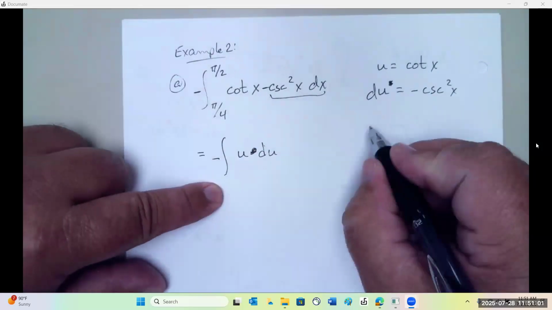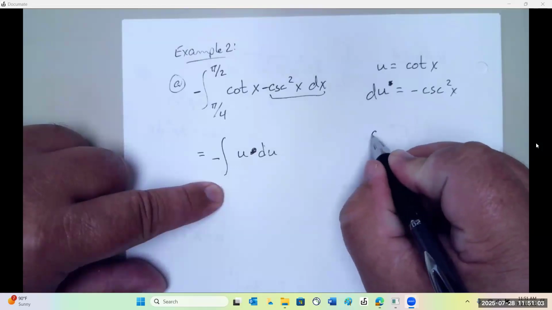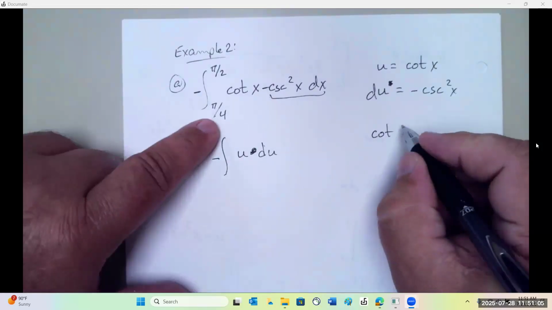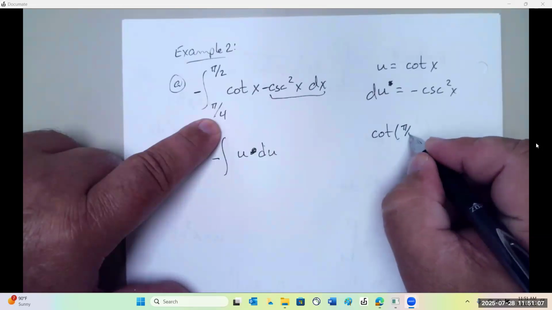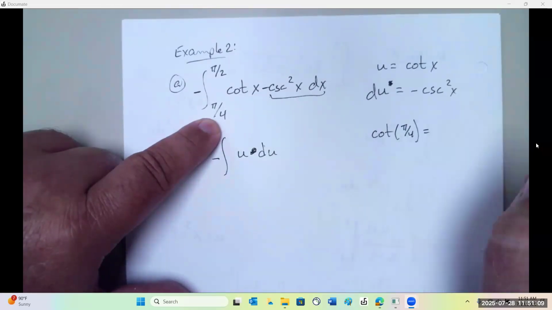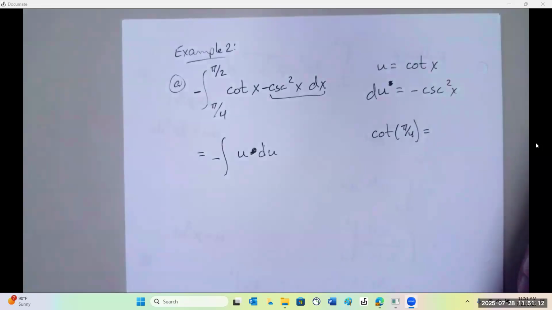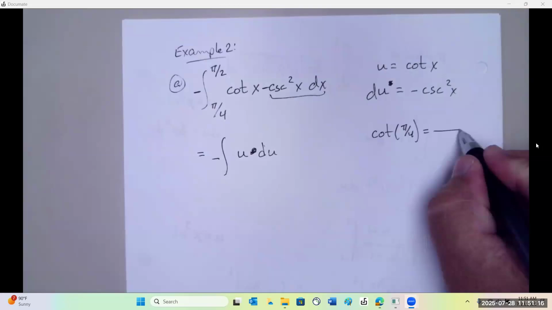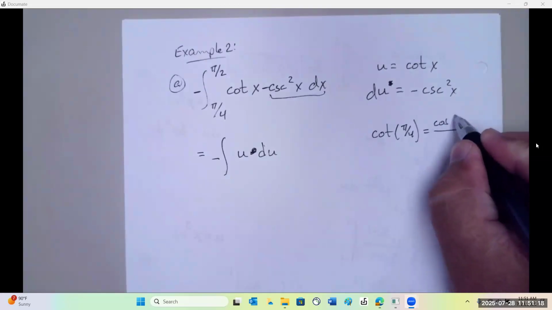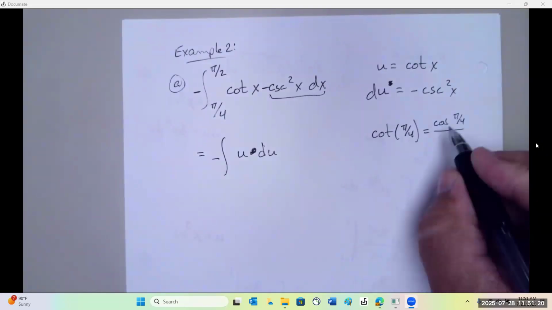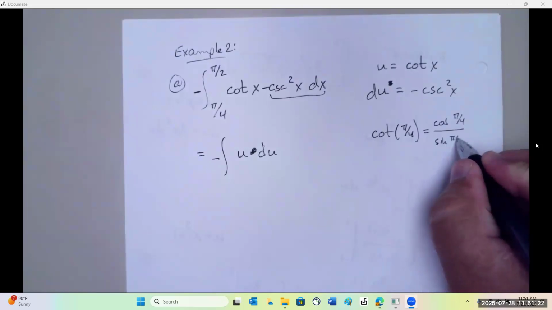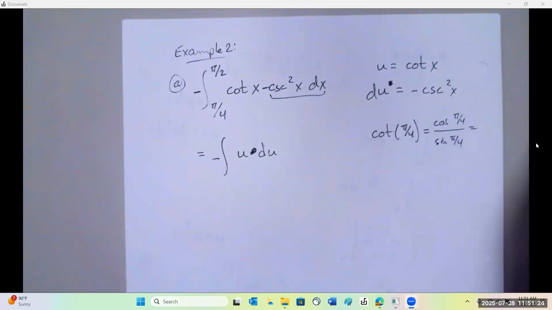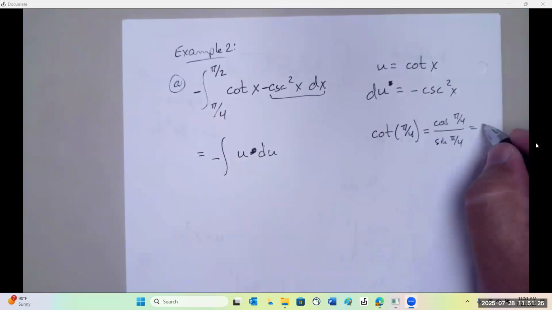For the first one, we take cotangent at pi over 4. What is cotangent with respect to sine and cosine? It's cosine over sine. So cosine pi over 4 over sine pi over 4, which are both radical 2 over 2, so it equals 1.